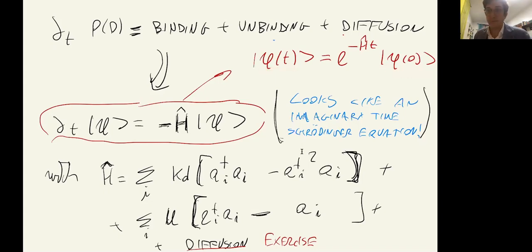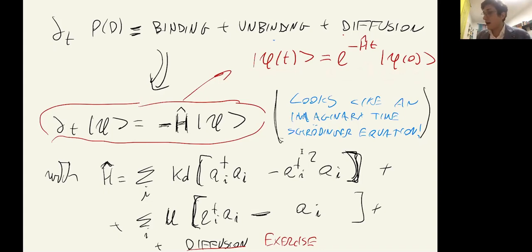I will say no, because I don't know how this exponential of minus H t actually acts on phi of 0. I'm afraid we are going to see it next week, how we can apply this e to the minus H t to phi of 0 to get at the end phi of t.